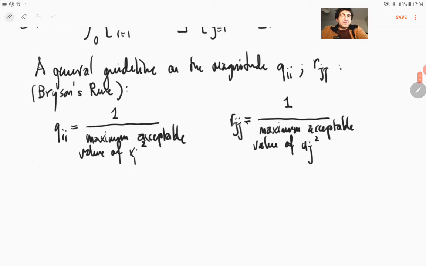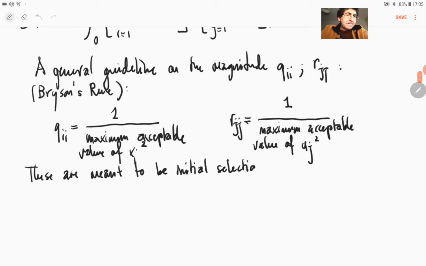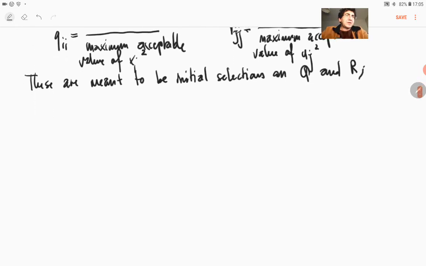So these are meant to be some initial selections on Q and R. Let me give you an example, not a very complex example, just to give you how we translate these into some numbers.